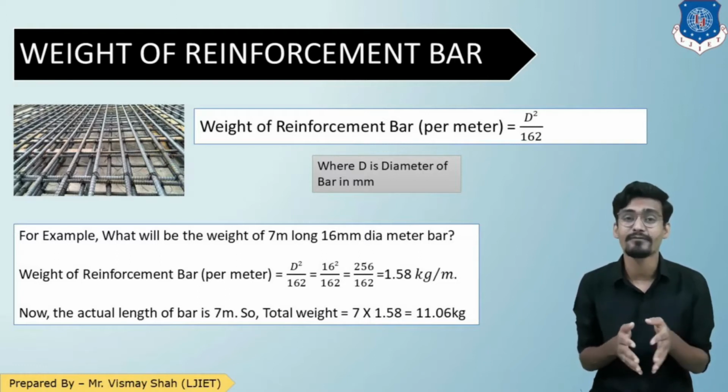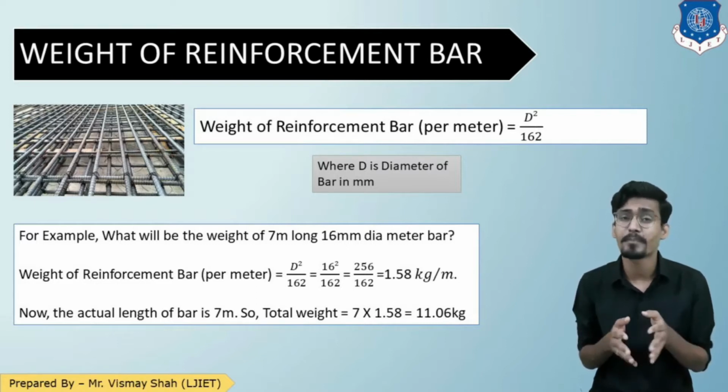There is an empirical formula, as you can see here, d square by 162. This d square by 162 gives the weight of per meter bar, where d is the diameter and that should be in mm.